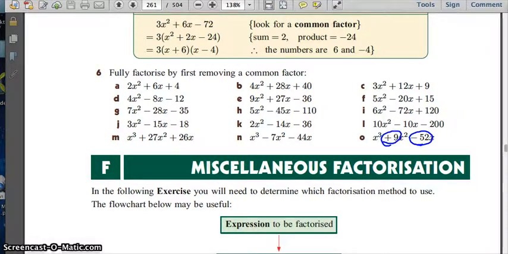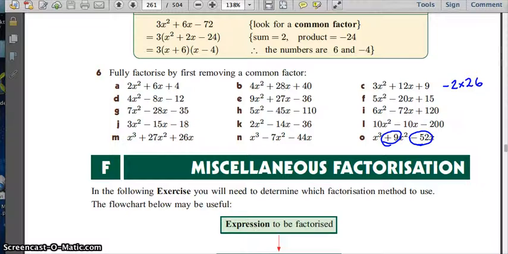Who knows their 52 times tables? Or what goes into 52? It's not so easy. 52, what are our two numbers that could go into 52? 2 times 26. Negative 2 times 26 maybe? Already a little thing makes a hell of a difference.